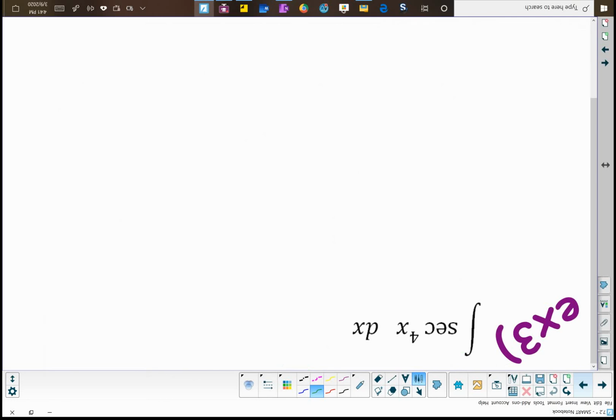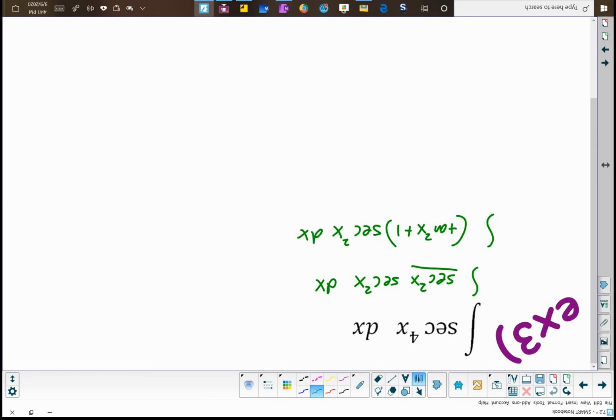Very similar. Now, I know the antiderivative of secant squared, but I don't know secant to the 4th. So I'm going to break it up as secant squared times secant squared. Now, don't tell me that's tangent times tangent. Don't do that. We have no property for multiplication, remember? But I do know some identities. I know that secant squared is tangent squared plus 1. And I see the derivative of tangent is already there, so I'm going to let u be tangent.